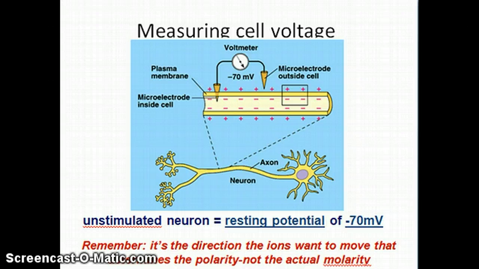It's not the actual molarity of the ions that we're talking about. So it's again this difference between the inside and the outside, a concentration gradient, that is setting up our resting potential.